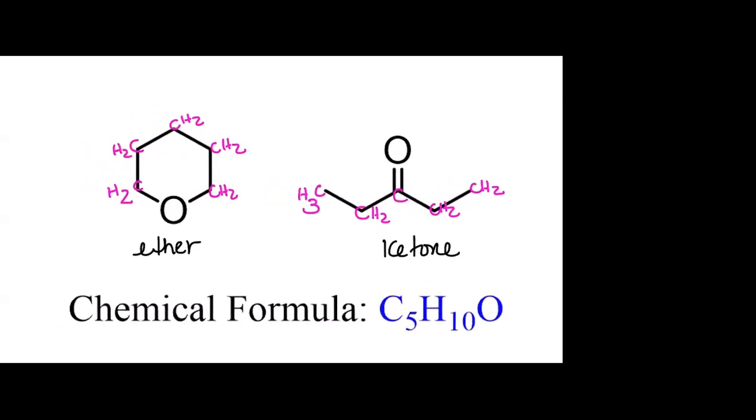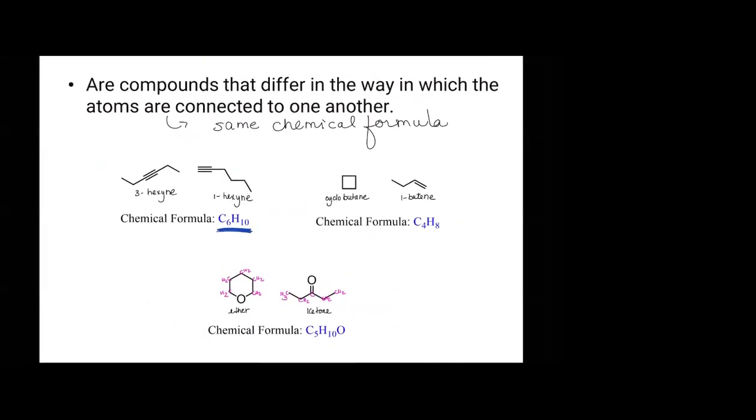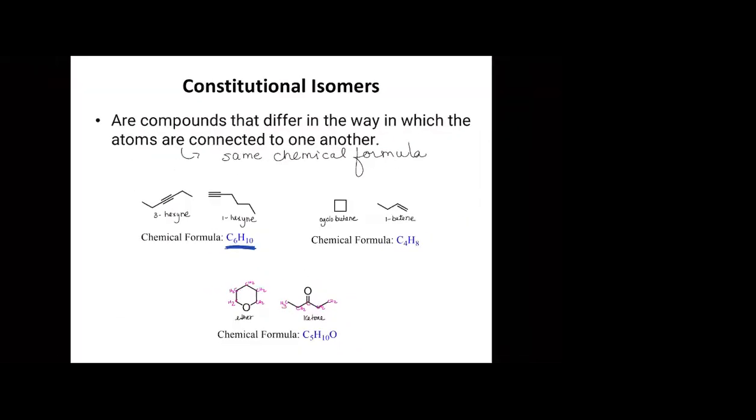So again, the take-home message here is that if you have a pair of molecules with the same chemical formula but a different attachment of atoms, in the example above you can name them, and in the example below you can see the structural difference. They are called constitutional, in other words, structural isomers, okay? Any questions about constitutional or structural isomers?